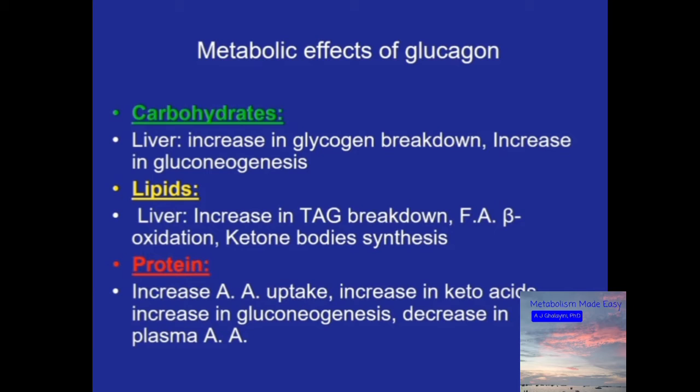Why is glucagon released? It's released because of low blood glucose, from the pancreas. What is it going to do? All the effects of insulin will be gone. Glucose uptake will decrease in adipose tissue and muscle tissue because of the absence of insulin.